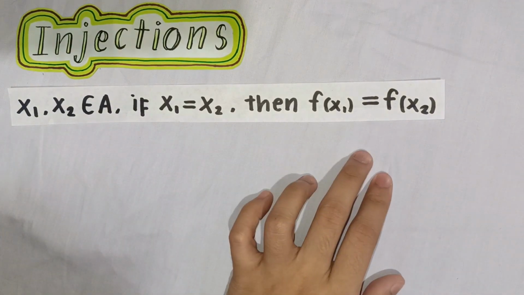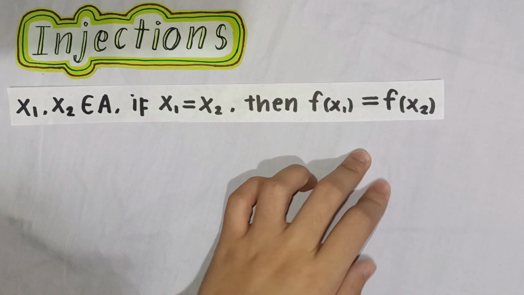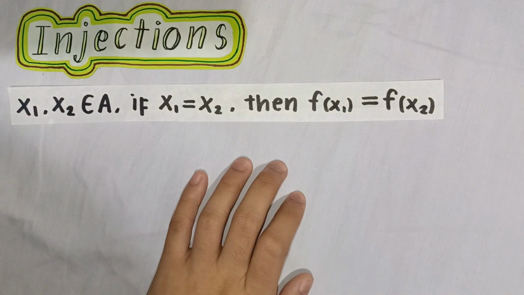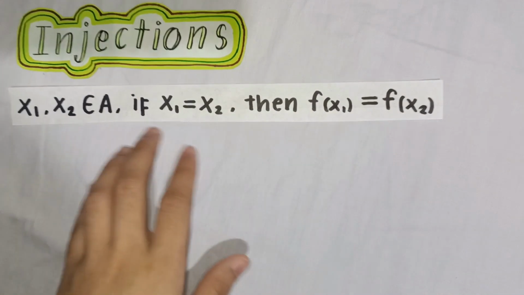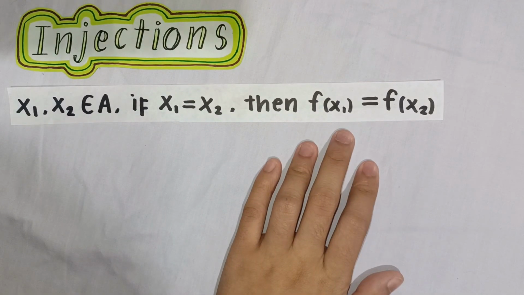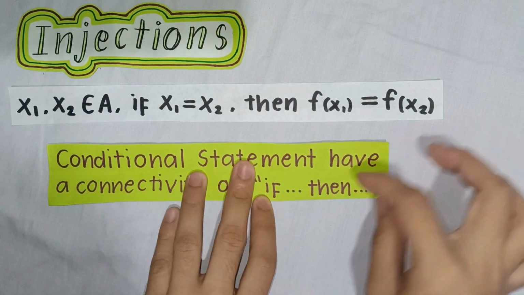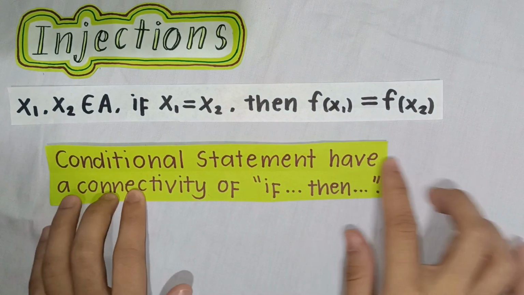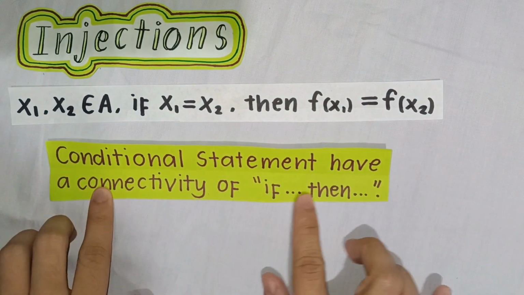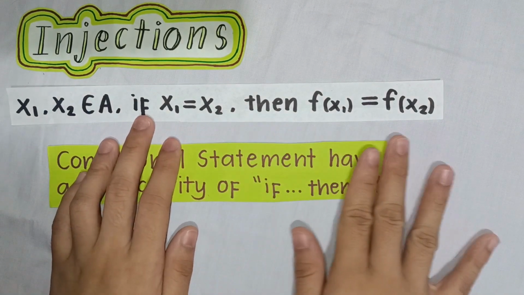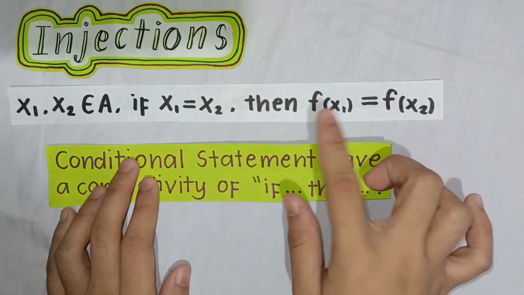Notice that the condition that satisfies this idea of injections is written in a conditional statement. A conditional statement has a connective of if and then. And you can see in here that it uses the if and then.